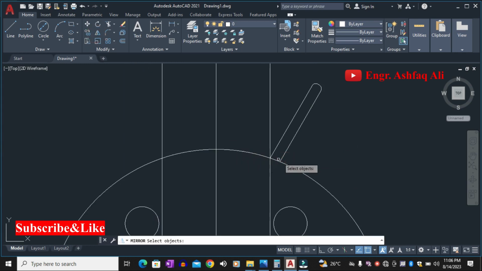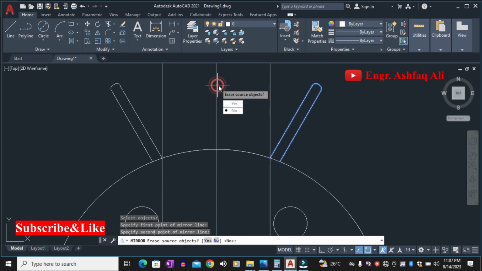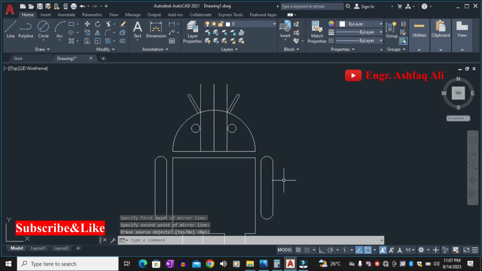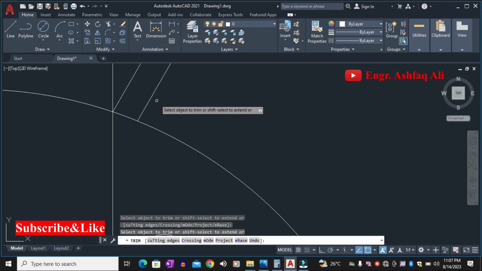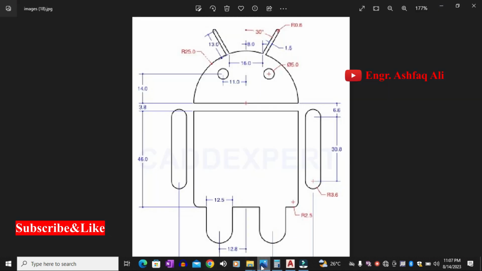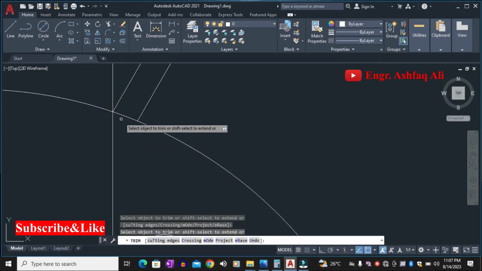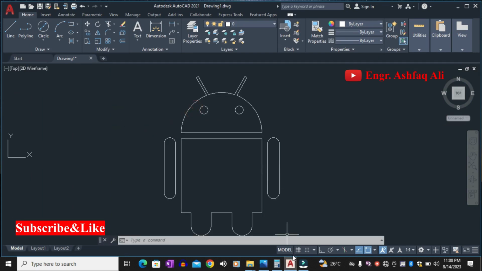For easiness, I will mirror this specific figure on the other side of the central line. So I have mirrored. So my figure is complete with specific dimensions. I have drawn it. So now I am going to select trim and delete the extra entities.